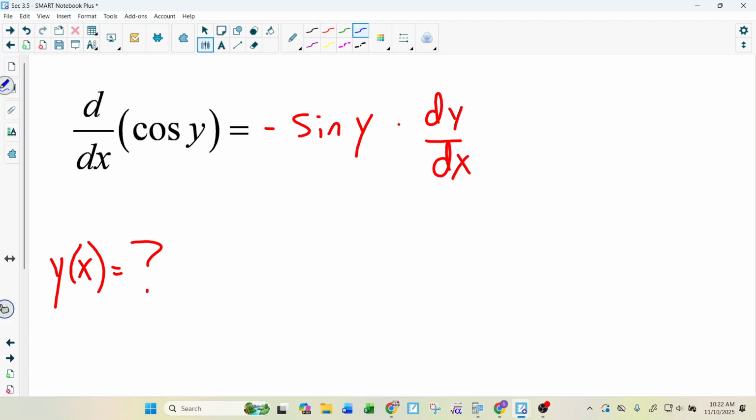Now, here's the key. One, you can really remember this and try to understand why. Or anytime you take the derivative of y, just throw out a dy/dx. That's basically what's going to happen, and that will get you there. Okay?